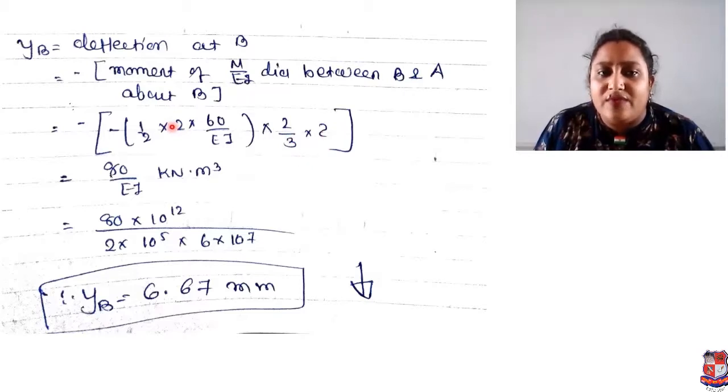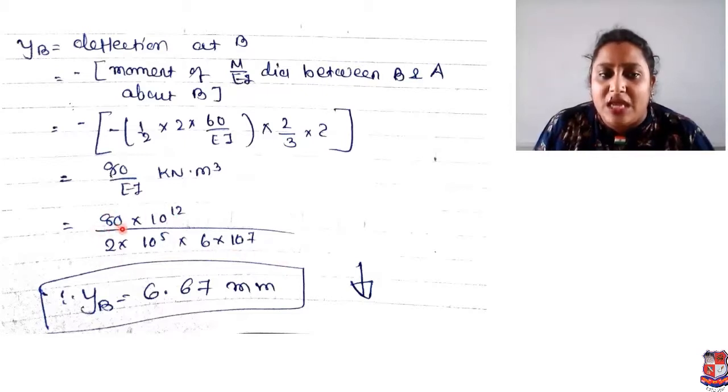Okay. So if we simplify the whole term, then it will be 80 upon EI kilonewton into meter cube. Okay. And here the minus and minus will be plus. Then again E and I values are given. These are all values in the form of Newton and mm, so as per that we converted.